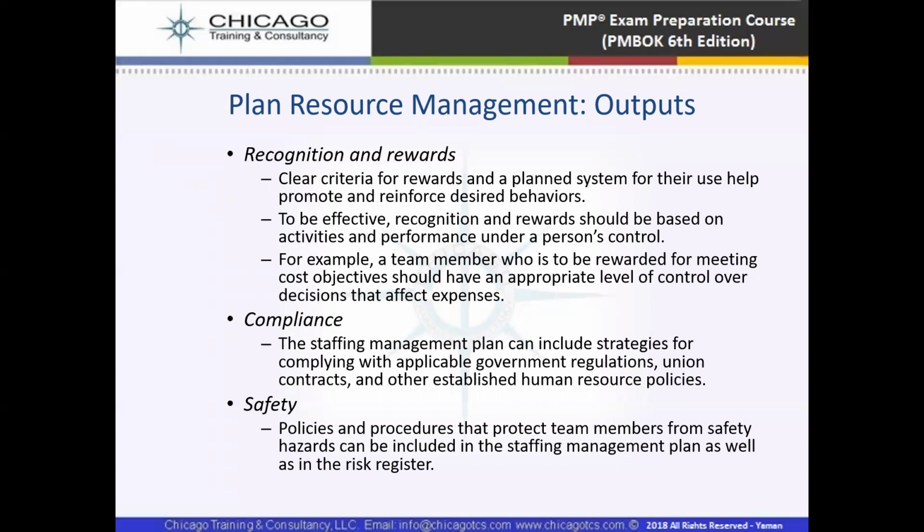And then there is compliance in the output also. The staffing management plan can include strategies for complying with the applicable government regulations, unions, contracts, and other established human resource policies. And then we have safety, which is policies and procedures that protect team members from safety hazards, and can be included in the staffing management plan as well as in the risk register.